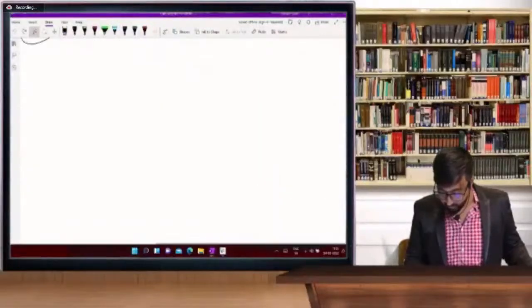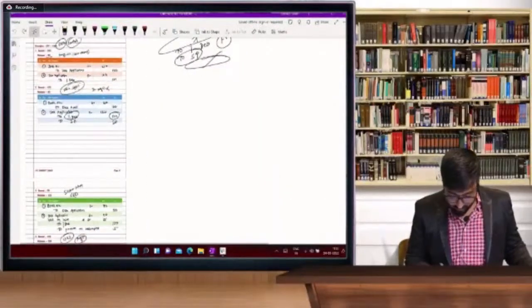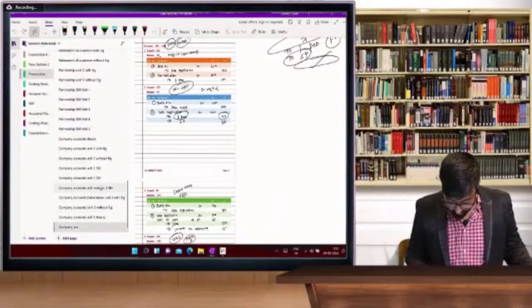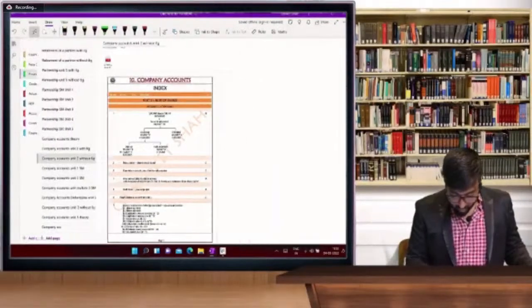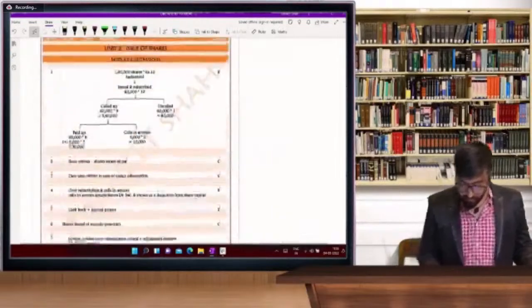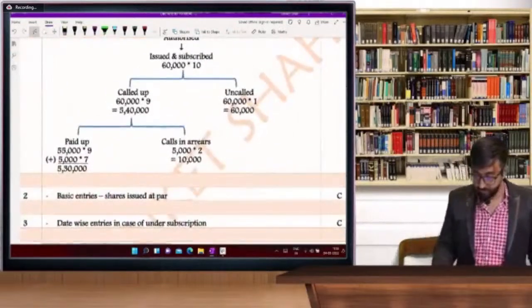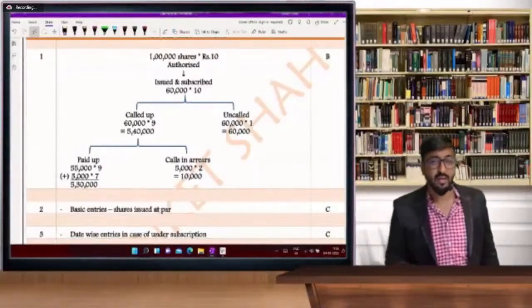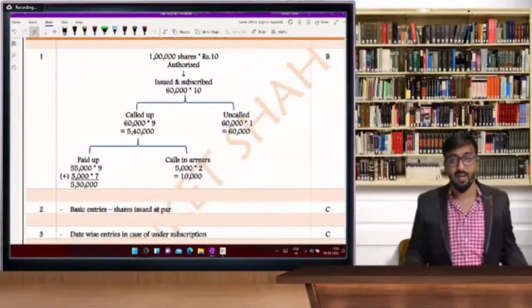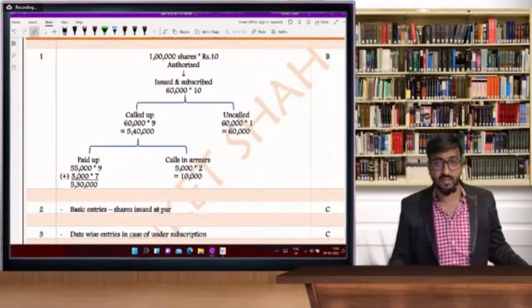Yes, draw this diagram, beta. So this is your index. In the index also you can draw this. Yes, and tell me over, 1 lakh equity shares is authorized capital.